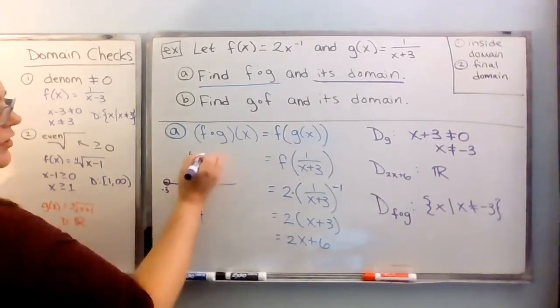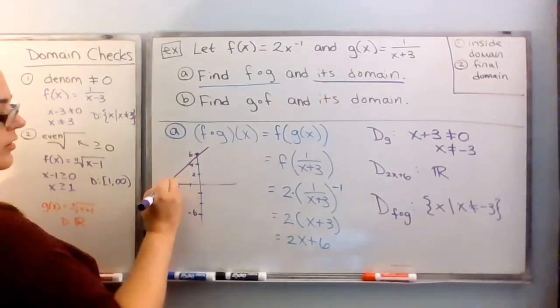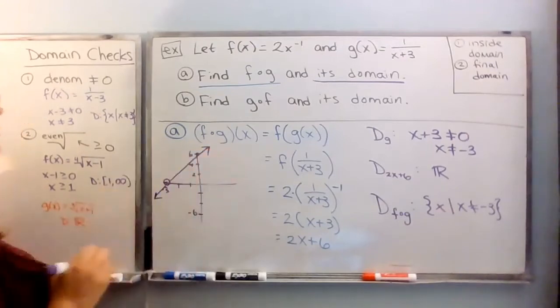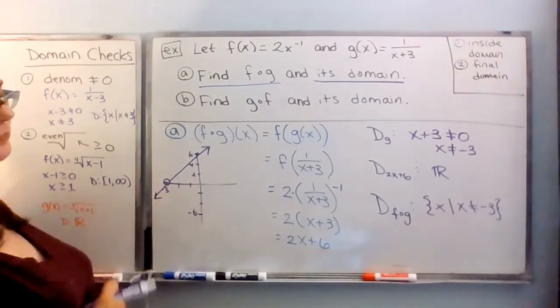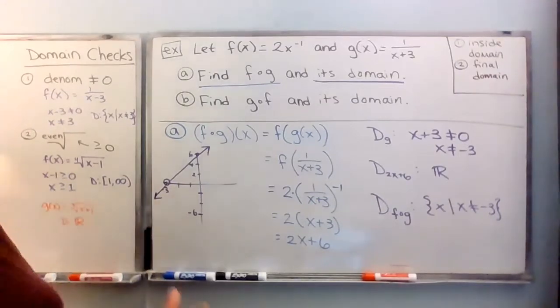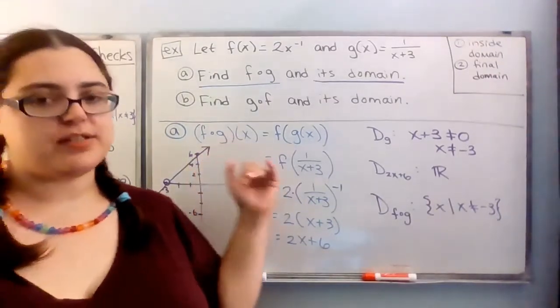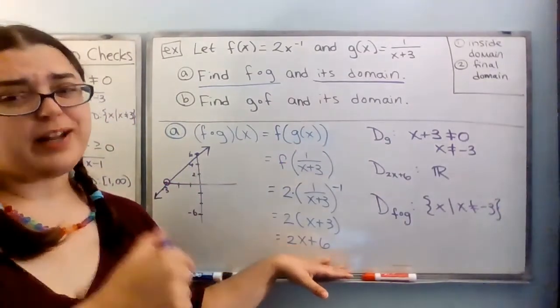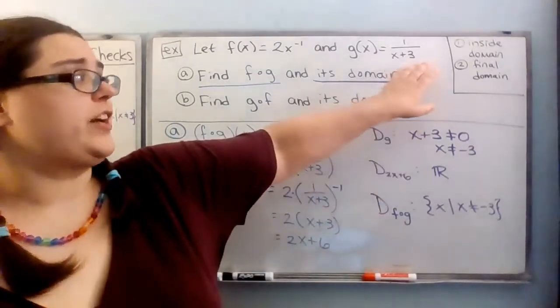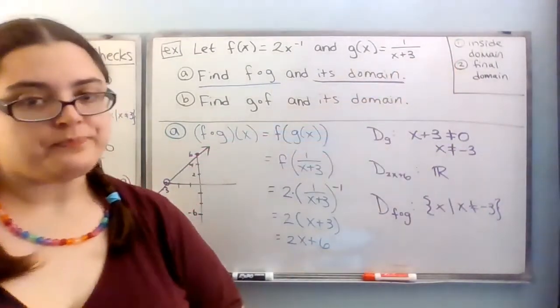So we're going to have a line that looks like that with a little hole here at -3. Essentially what we're saying is that this composition of functions is the same as this line, except when x is -3, because g of x had this little hiccup.